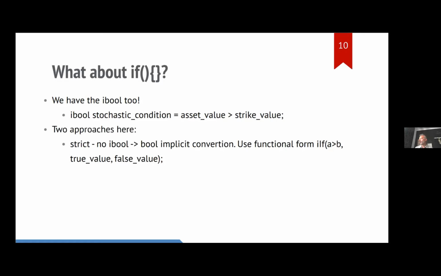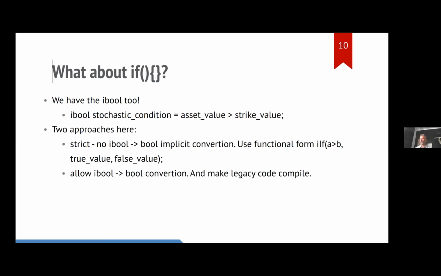And how do you deal with if statements in this situation? We introduce an if function, and you use it in functional form. You simply provide 3 arguments. One argument is your stochastic condition, and the second and third are the true value and false value, very similar to what people do in Excel.